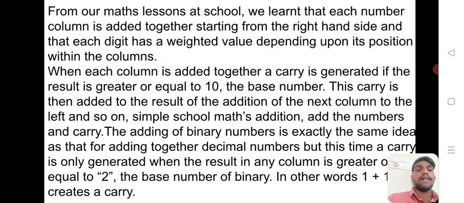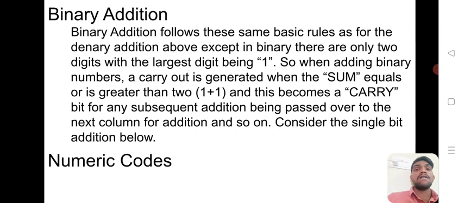The adding of binary numbers is exactly the same idea as adding together decimal numbers, but a carry is only generated when the result in any column is greater than or equal to the base number of binary, in other words, 1 plus 1 creates a carry. Binary addition follows the same basic rule, except in binary there are only two digits, with the largest digit being 1.